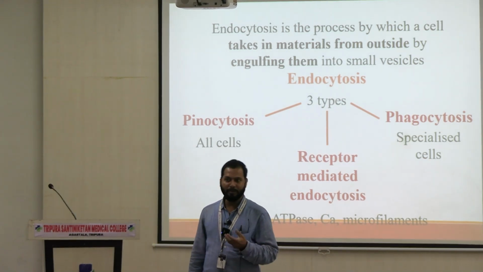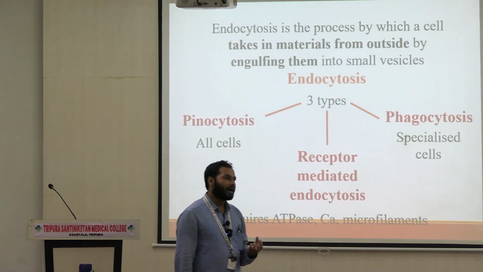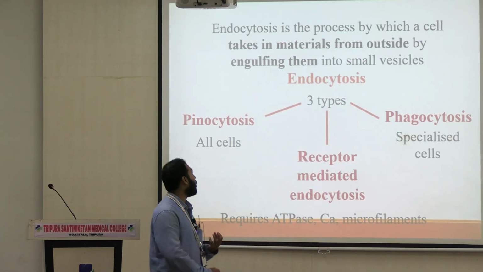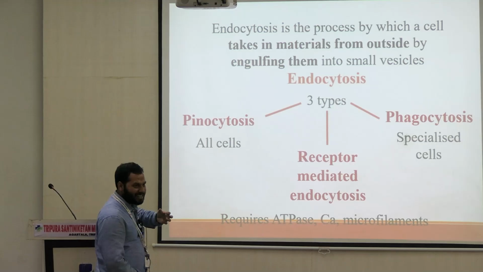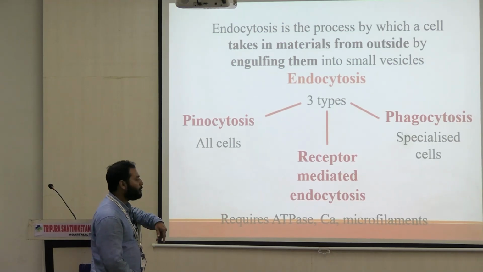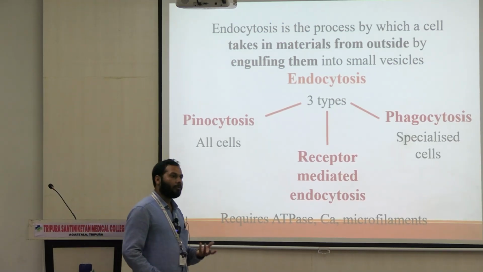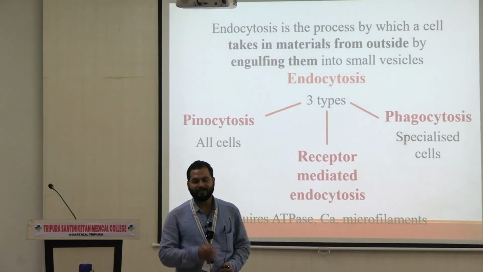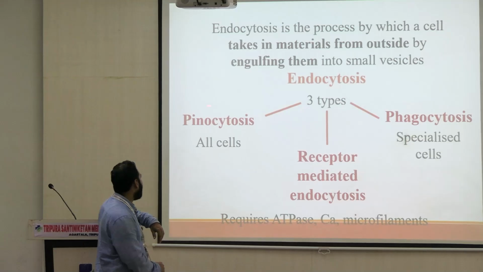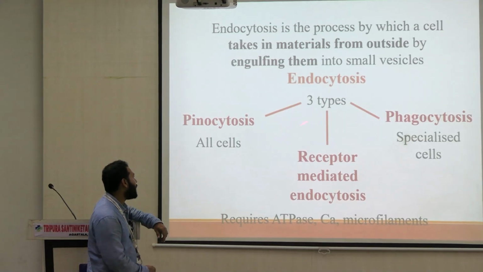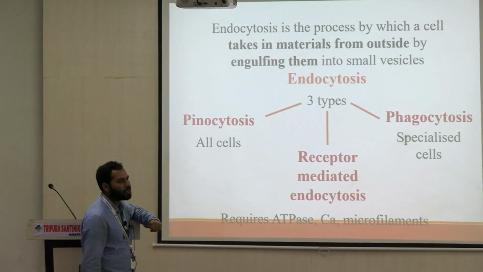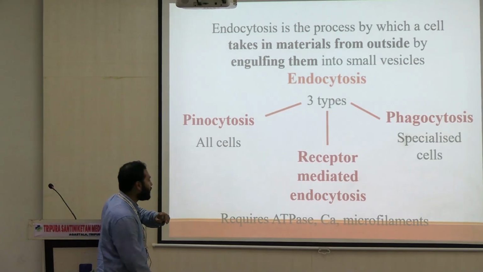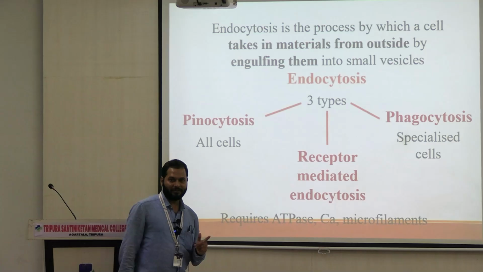The size of the materials may vary. The most important mechanism of endocytosis is engulfing of those materials from outside the cell towards inside. Based on the mechanistic features, endocytosis is classified into different types like Pinocytosis, Phagocytosis, and receptor-mediated endocytosis. The most important feature of Pinocytosis is that it is non-specific, right?